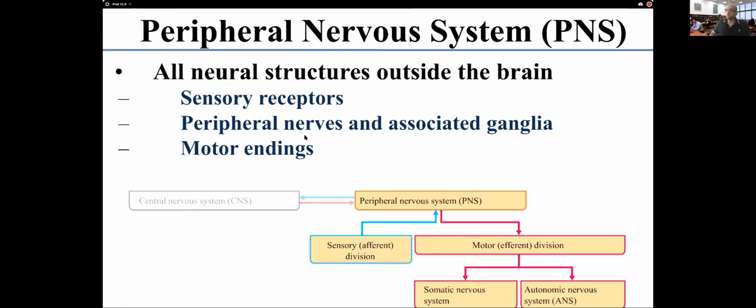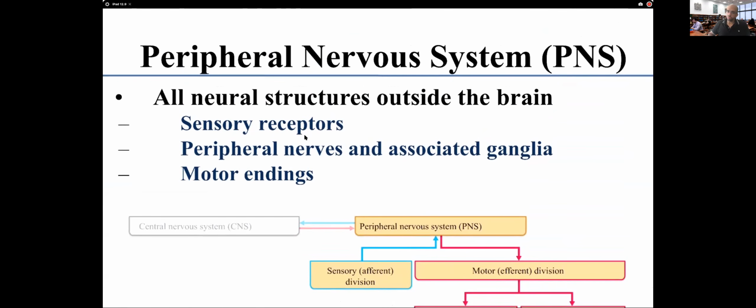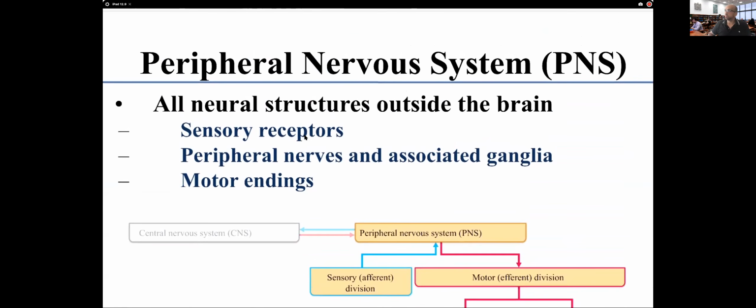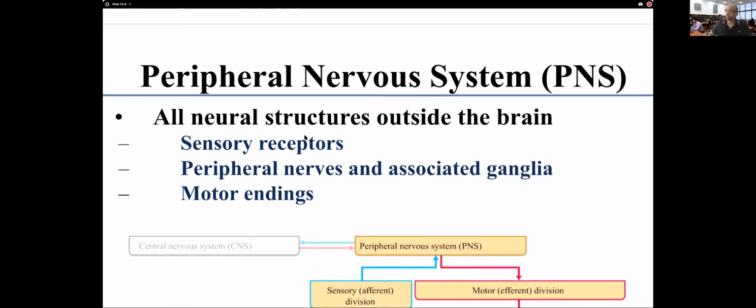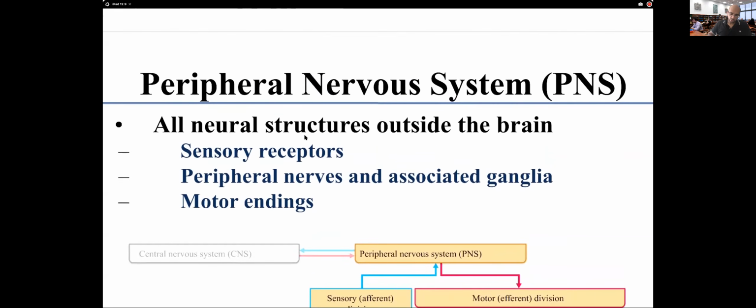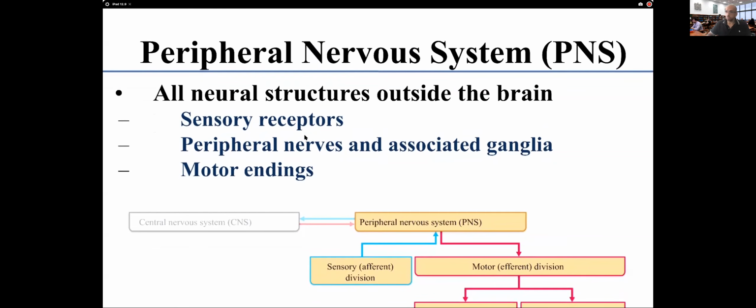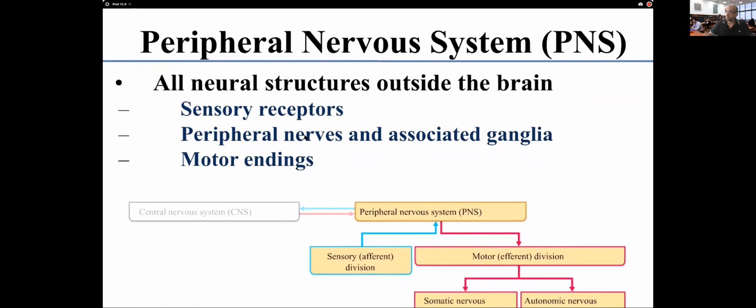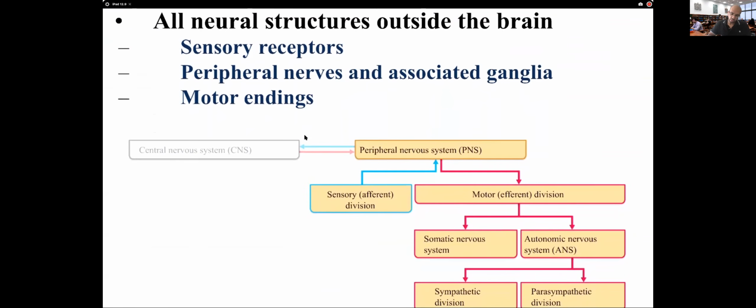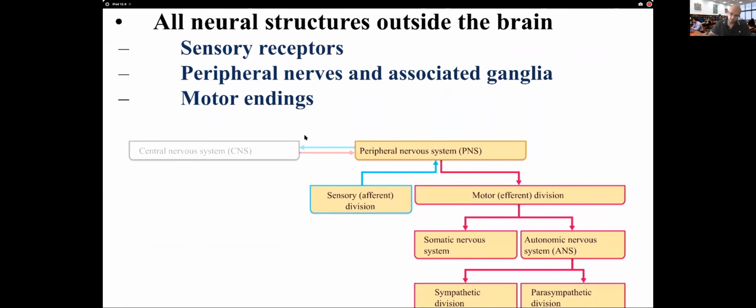All right, so today we are discussing our very last chapter this semester, which will be chapter 13. In chapter 13, we're focusing on the peripheral nervous system, or the PNS. If you remember, we divided the nervous system into two major parts anatomically.